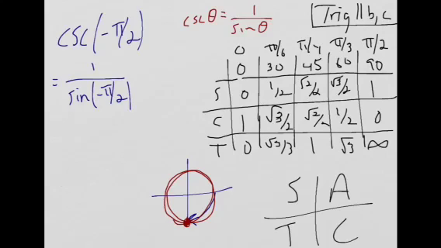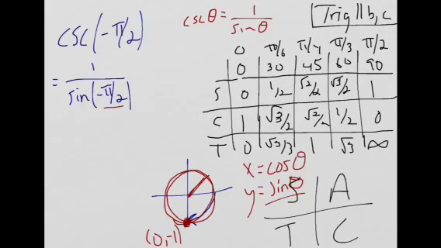Now, you should know that the x-coordinate on the unit circle is the cosine of whatever angle I'm at, and the y-coordinate is the sine of whatever angle I'm at. Since I'm down here, and the unit circle has a radius of 1, this point is at (0, -1), which tells me that the sine of negative pi over 2 is -1.